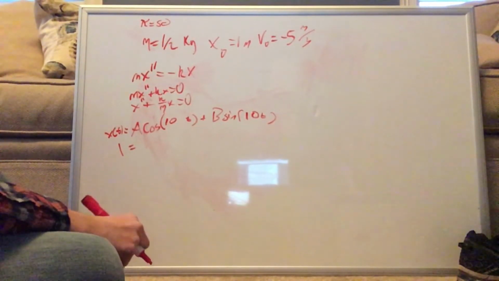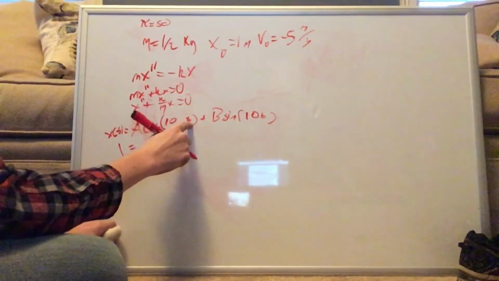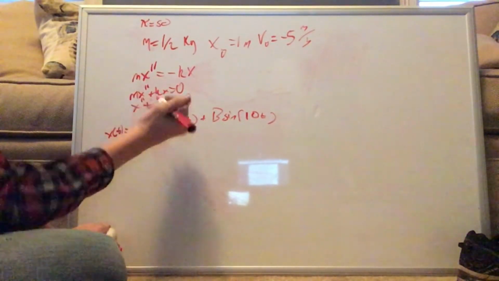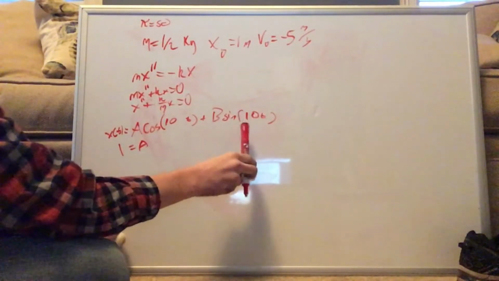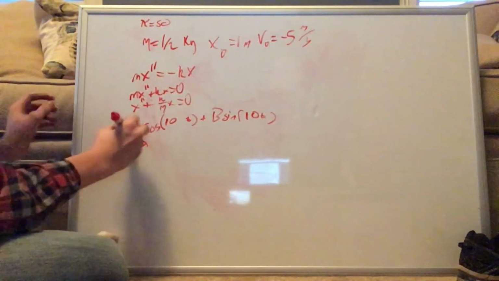Cosine of 10 times 0 is cosine of 0, that's 1. Sine of 10 times 0 is 0, so B is irrelevant, so A equals 1.